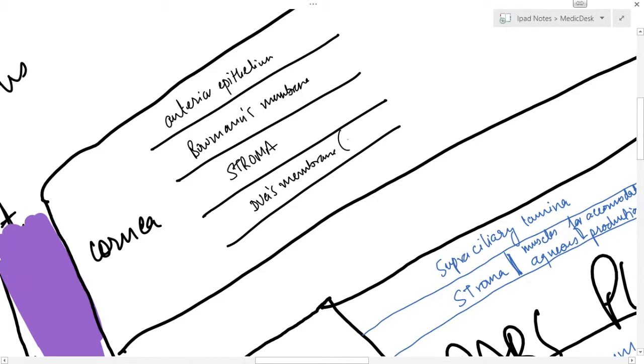This has been the new addition, and the Descemet's membrane. And finally, this is the endothelium.